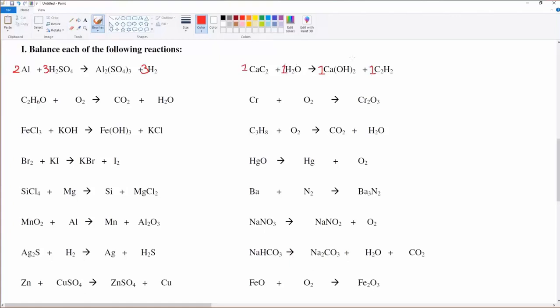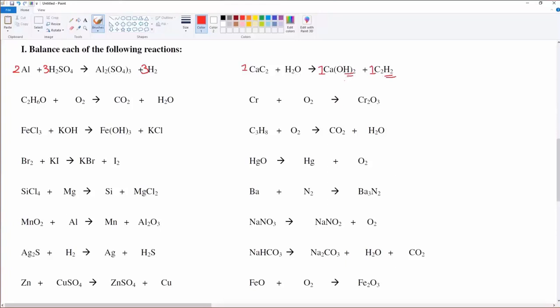Is it balanced? Is that it? Nope. All right. What do I do? Aha, the OH gives me more hydrogens. Okay, so those were all good, but I couldn't just say two hydrogens gives me two hydrogens because I have another two hydrogens there.